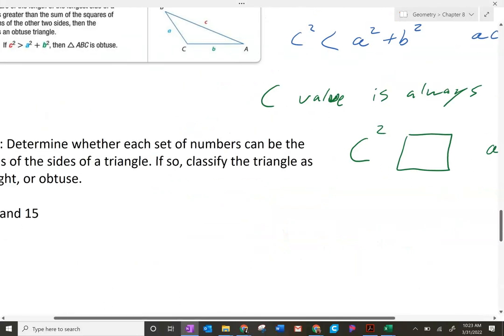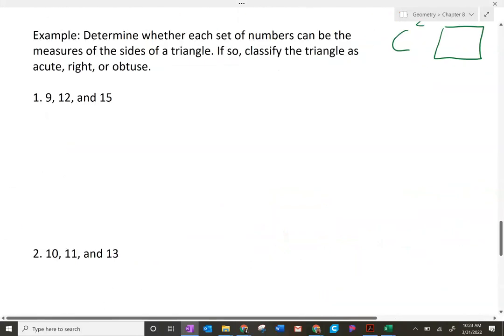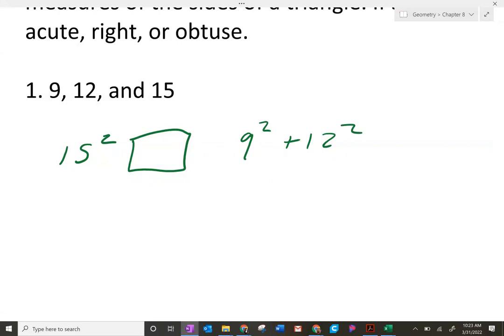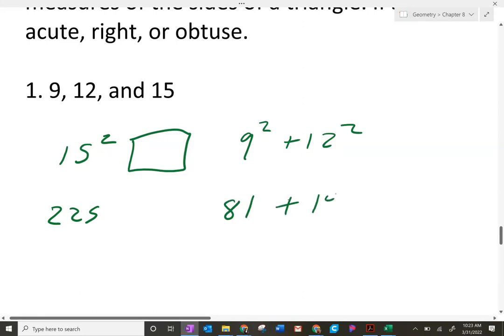Okay. I got 3 examples, then we're done. So out of these 3 numbers, which one's my biggest? 15. So as I do this, I will have 15 squared, this opening here, I don't know what it is yet, then 9 squared plus 12 squared. 15 squared is going to be 225. 9 squared is 81. 12 squared is going to be 144.